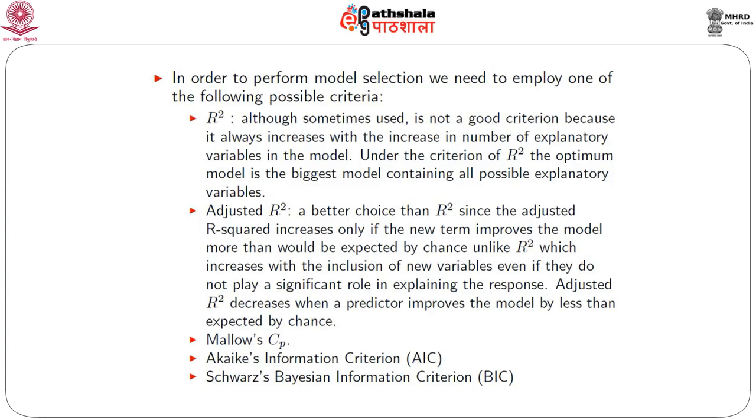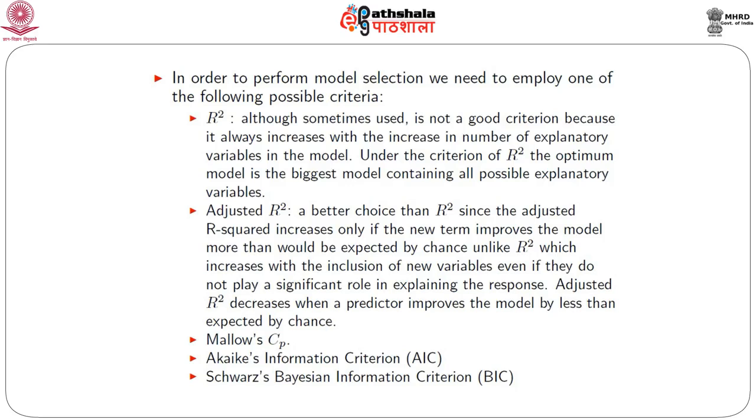In other words, a model which contains 5 predictors, 3 of which are insignificant, would still have an R square greater than the one for the model with 2 significant predictors. Thus, basing our criterion only on R square would mean that we end up selecting a model that has a large number of insignificant predictors and a large number of redundant parameters.